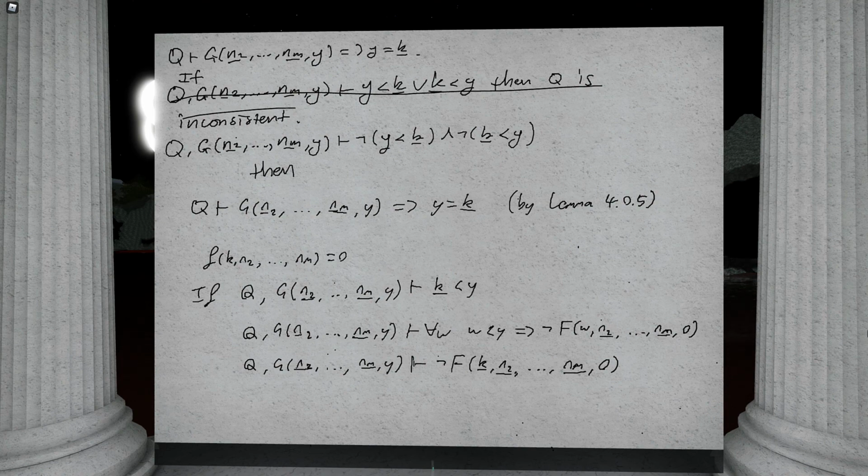But we can still use the first part of that statement. So therefore, it's immediately a contradiction. We're able to prove that Q, write this down, Q under the assumption G of the same interior entails capital F of K underline, N2 underline, NM underline, 0.